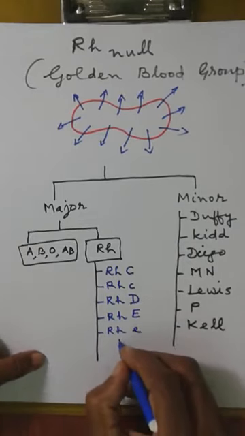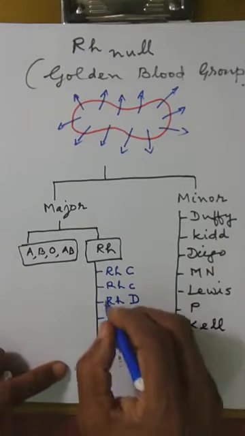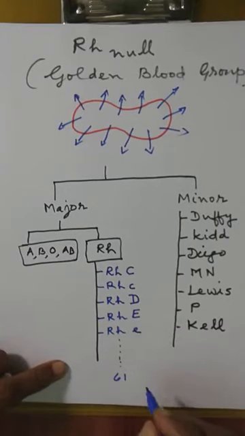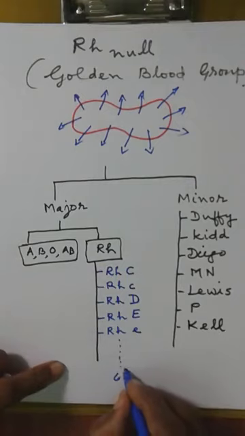It goes on like that. There are 61 different RH factors.